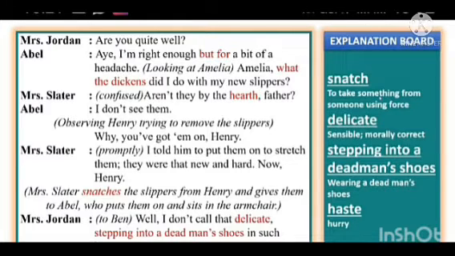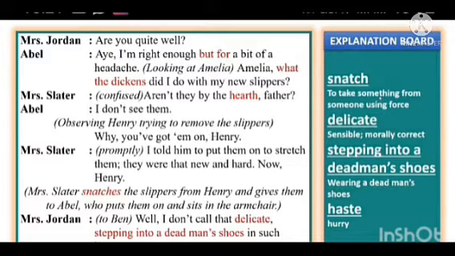Because she is a very vigorous, plump, vulgar woman, and she can do anything at any cost for the sake of herself. And she suddenly takes the slippers from Henry and gives them to Abel. Abel wears the slippers and sits in the armchair.